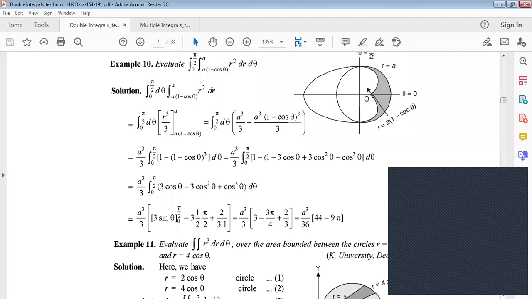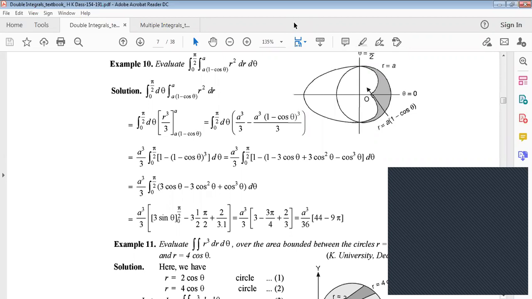This will be sine to the power p cos to the power q, and cos cube will be what? Cos to the power p theta sine to the power q theta d theta. Then we get this formula.